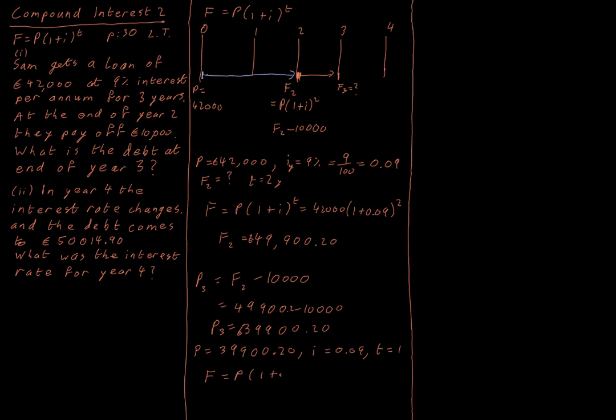P on 1 plus I to the t. F is equal to, it's going to be F3 is going to be equal to 0.2 on 1 plus I to the 1, which ends up being equal to 43,491.218, which I'm going to call 22 because we're dealing with money, and that's going to be my final answer for part 1.